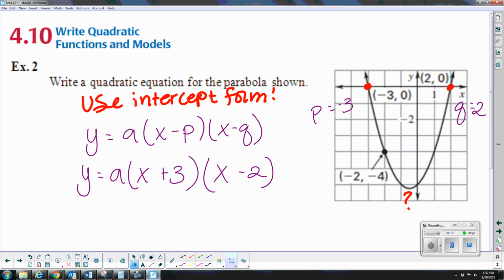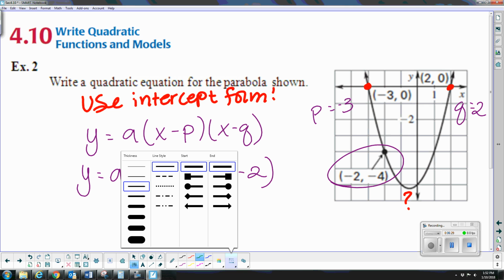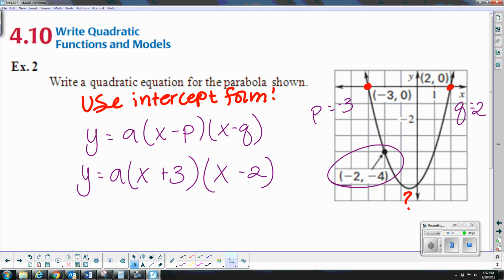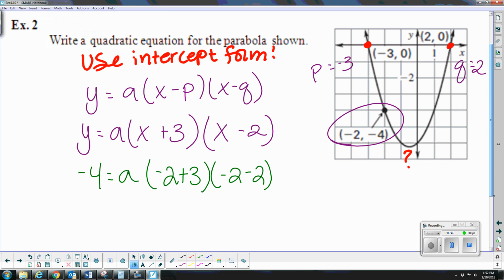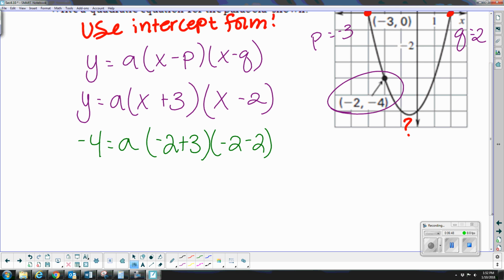Now again, we still don't know what our a is, but we have another point. So let's plug that in for our x value and y value. So now we know that -4 equals a times (-2 plus 3) times (-2 minus 2). So we're plugging in -4 for our y value and -2 for our x value.